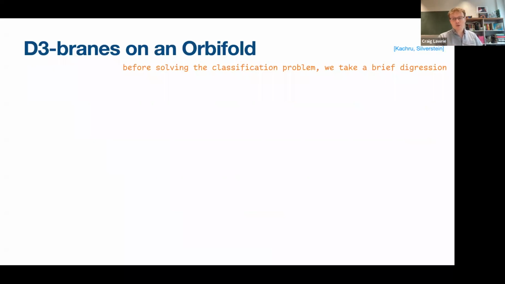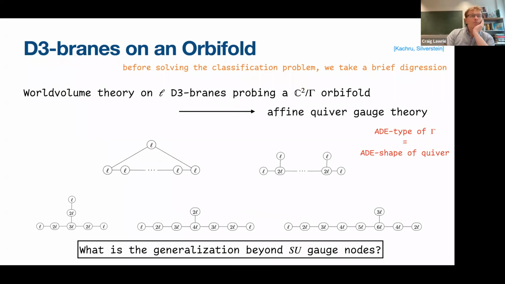This is a very old story, studied in the mid-90s by Douglas and Moore, Kachru and Silverstein, and many other people then and since. So how does that go? The worldvolume theory on N D3 branes probing a C^2 mod Gamma orbifold gives you an affine quiver gauge theory. And the ADE type of Gamma, which is a subgroup of SU(2), just gives you the shape of the quiver.